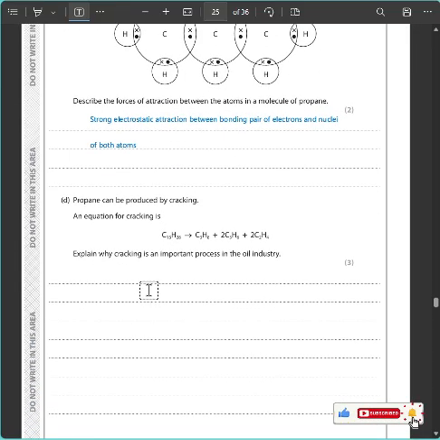Propane can be produced by cracking. An equation for cracking is like that. Explain why cracking is an important process in the oil industry.